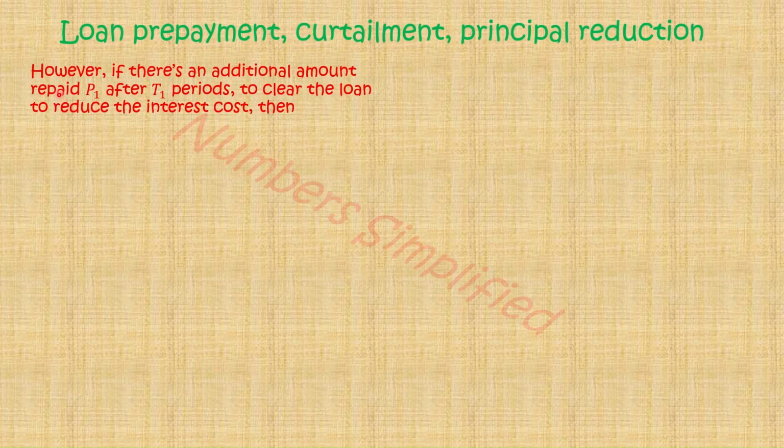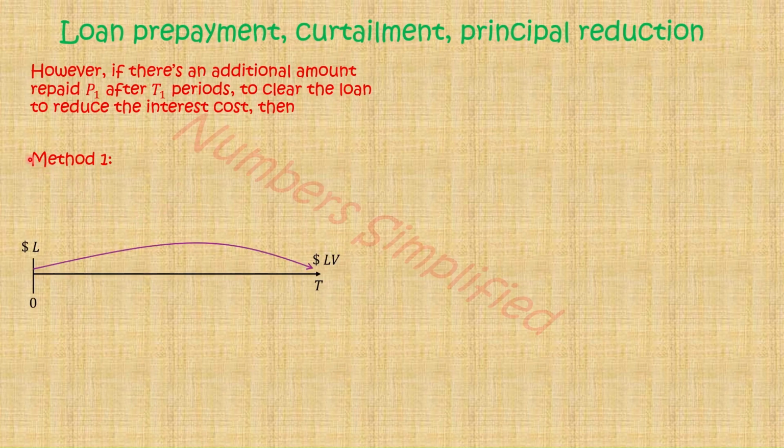However, if there is an additional amount repaid, say for instance, P1, after T1 periods, in order for us to clear the loan and reduce the interest costs, then we may need to consider the timeline.